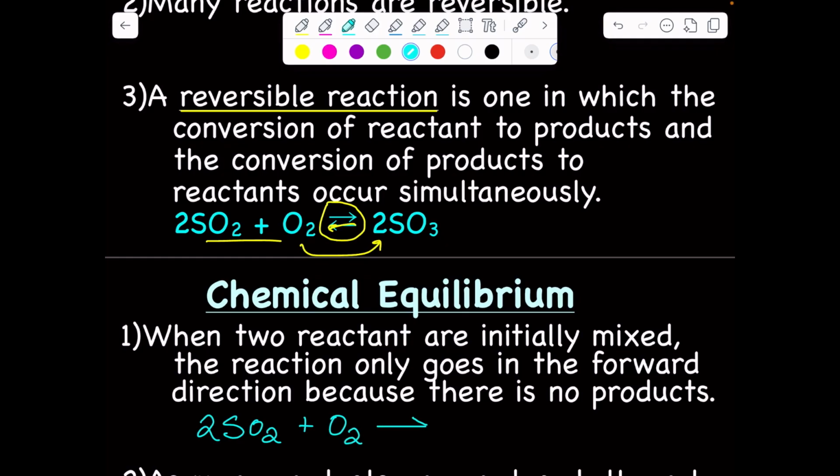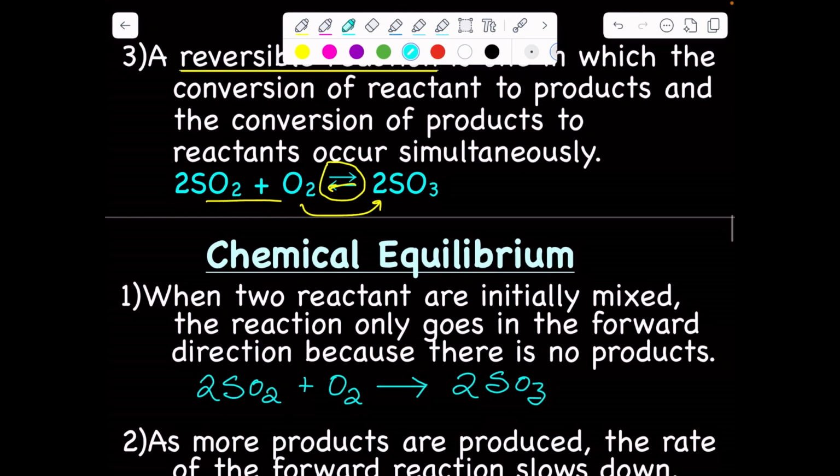At the beginning, that is all we have, our two reactants. Over time, these get together, bonds are broken, rearranged, and we end up making some SO3s.